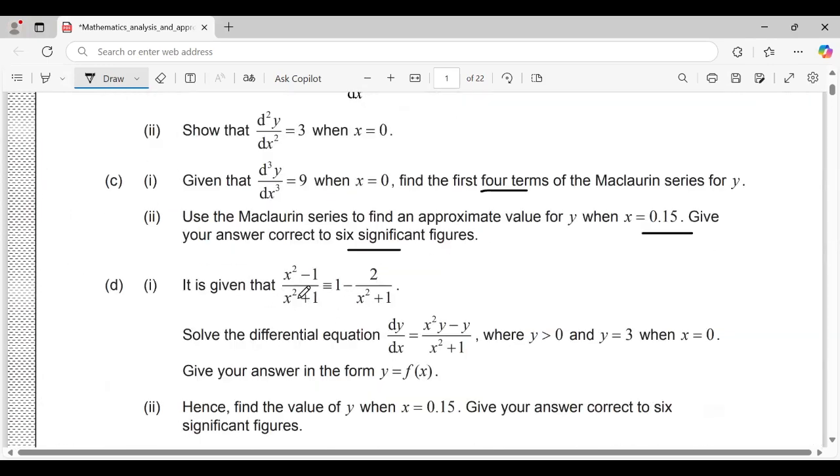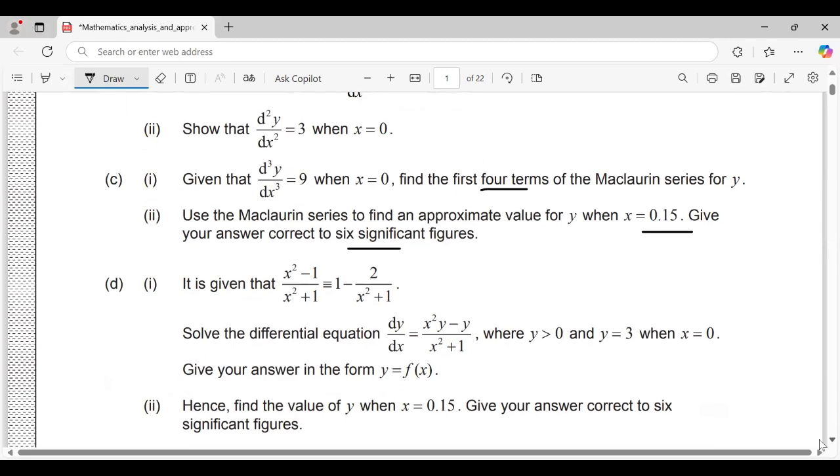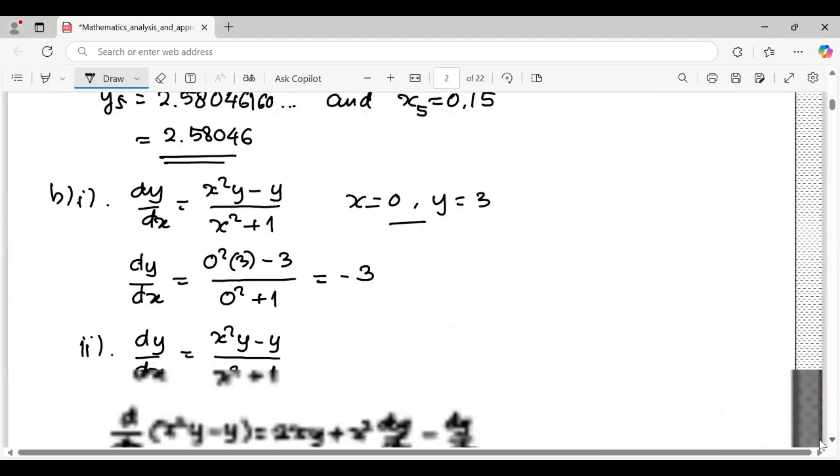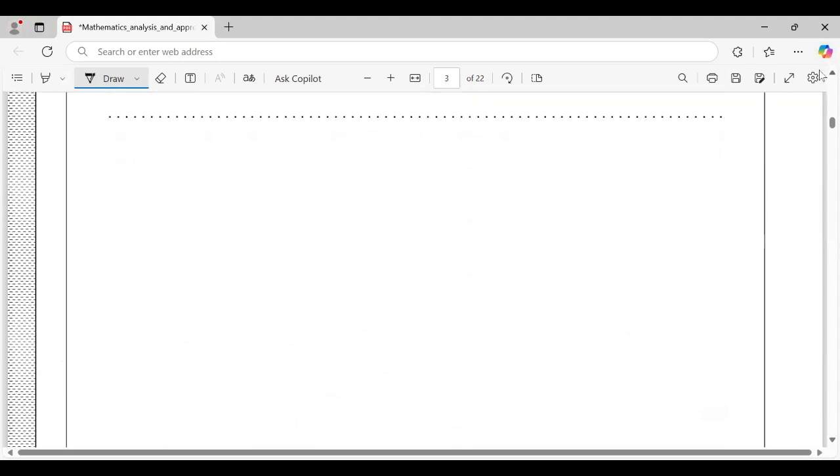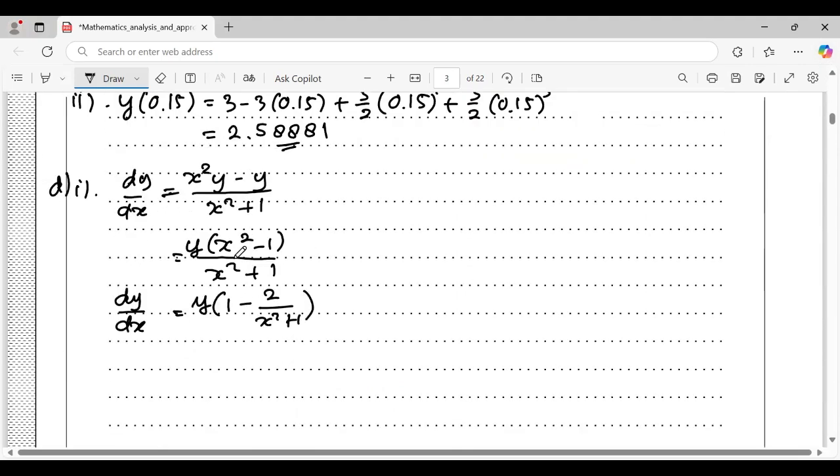According to this information, x squared minus 1 over x squared plus 1 is equivalent to 1 minus 2 over x squared plus 1, that's why I have written it like this.